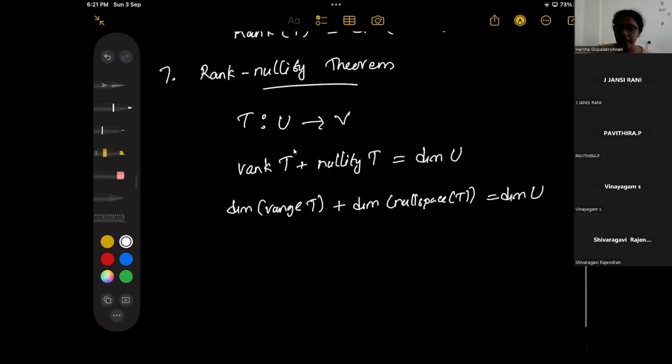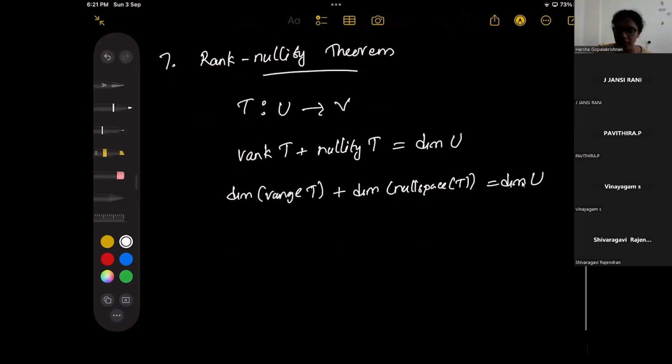This is our rank nullity theorem. Just remember this theorem. We will be using this throughout the session.